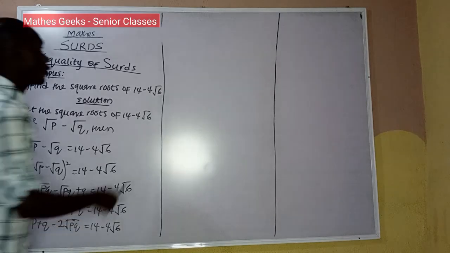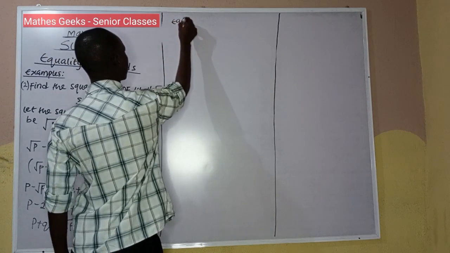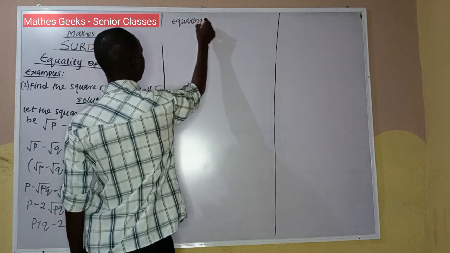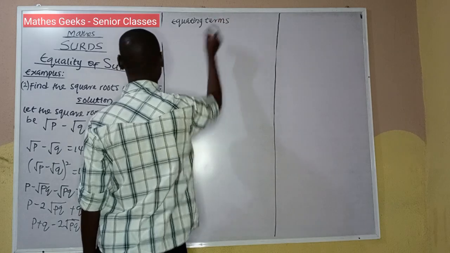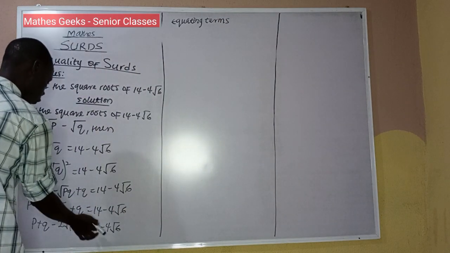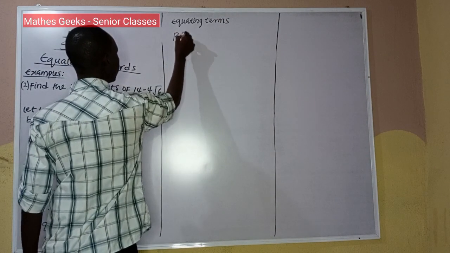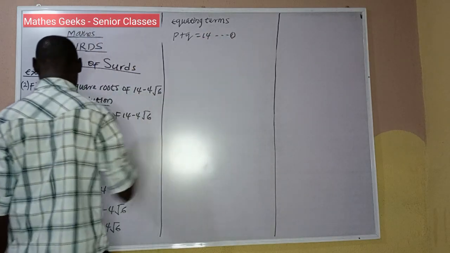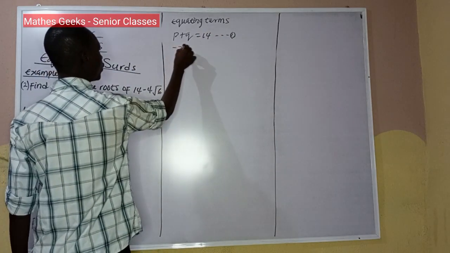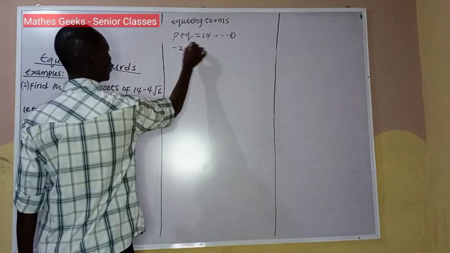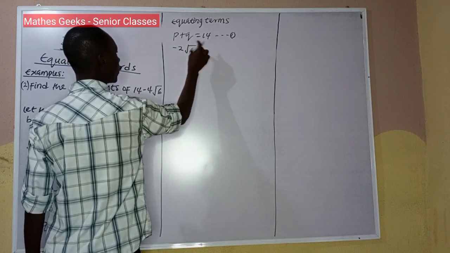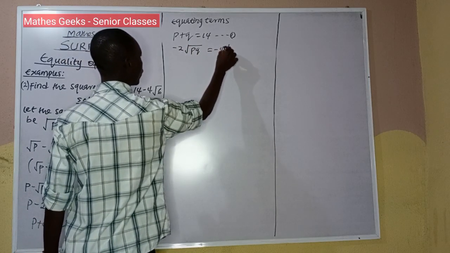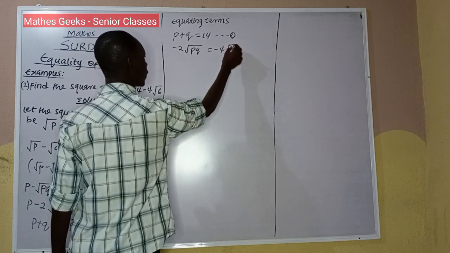So equating terms, p plus q will be equal to 14. p plus q is equal to 14, equation 1. And then minus 2 root pq is equal to minus 4 root 6.